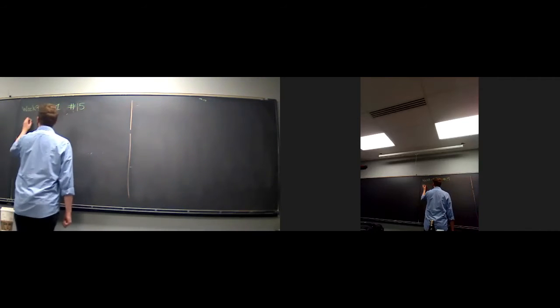And what we're given is x squared times y minus e to the y is equal to 0. And we want to find dy dx.